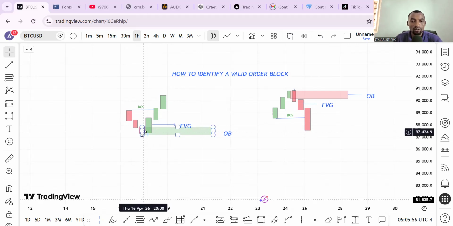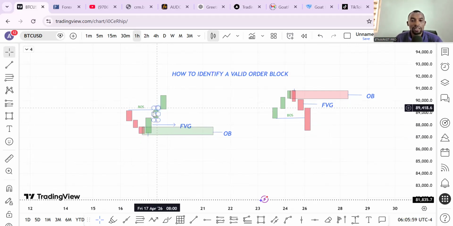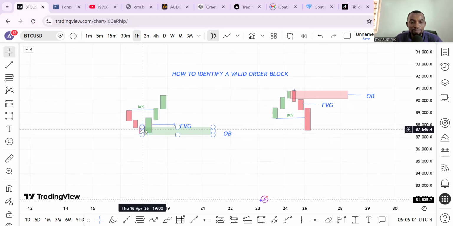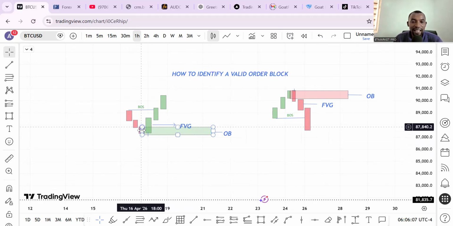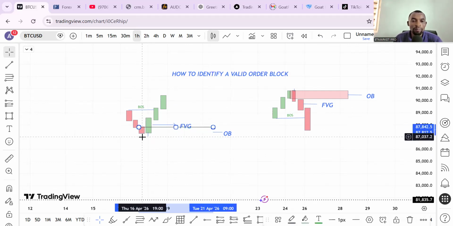It can be bullish or bearish. It can be the last bearish candle before an impulse. Now, note one thing: the candle that will break this last candle must sweep the low of the previous candle. You see how this bullish candle swept the low of this bearish candle.